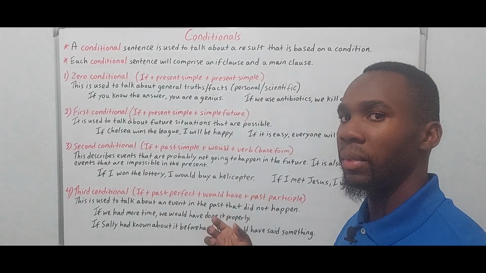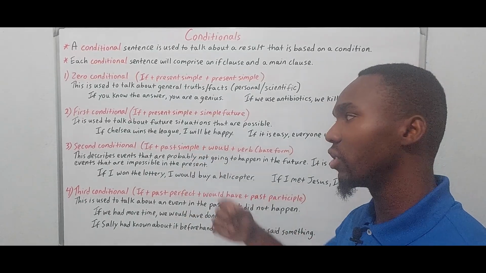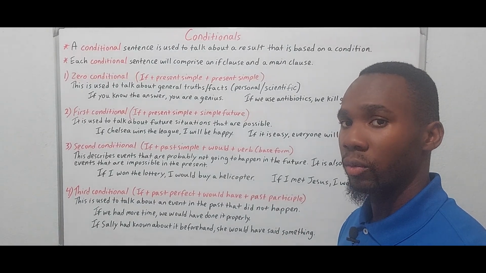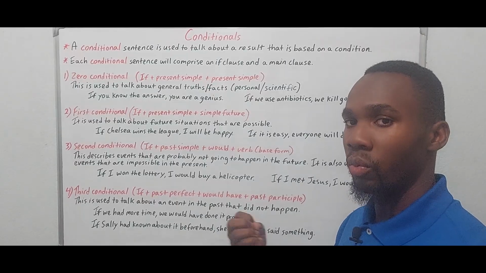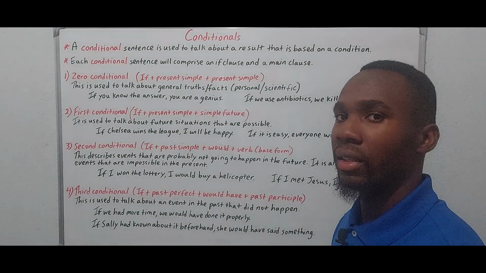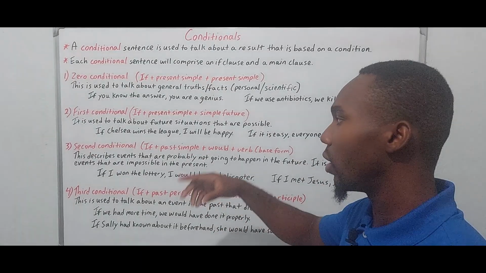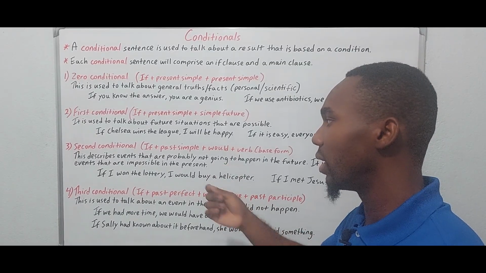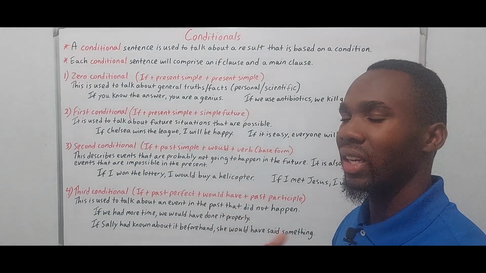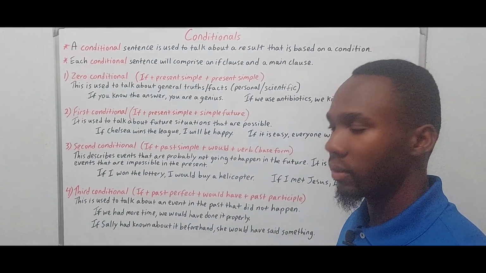So when we're using to be like this in the second conditional, in the condition, we use were, right? And that also illustrates that the events are impossible in the present, right? Because if I were you, I can't be you. I can never be you. So that's impossible, all right?